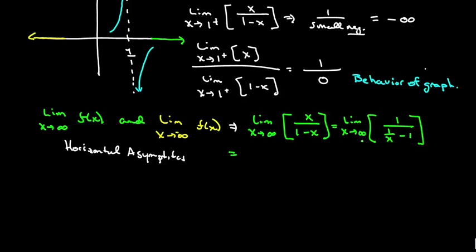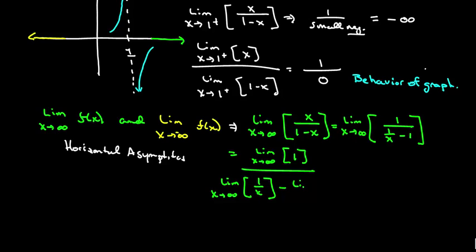Now here, the limit as x goes to infinity of 1 over the limit as x goes to infinity of 1 over x minus the limit as x goes to infinity of 1. So the limit as x becomes really large of the number 1 is just 1.